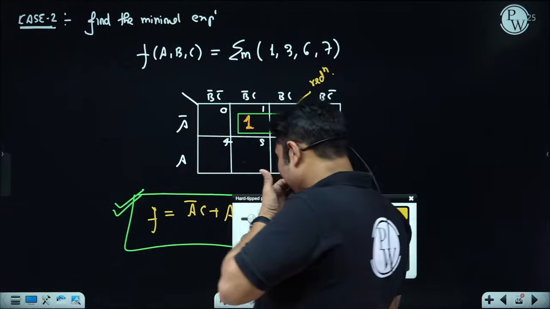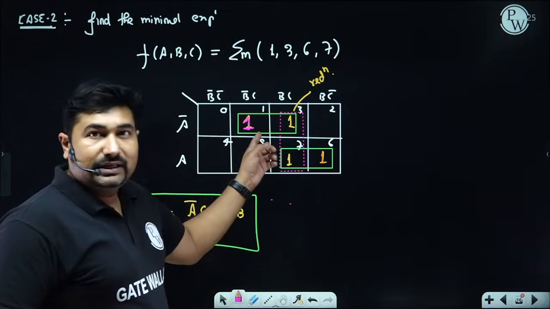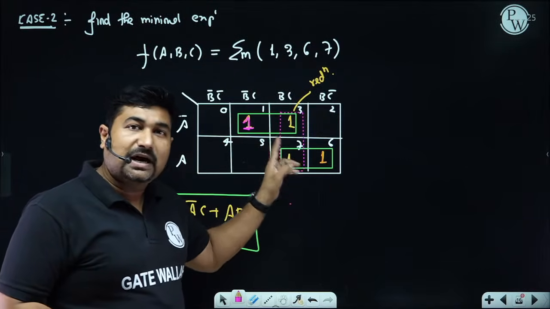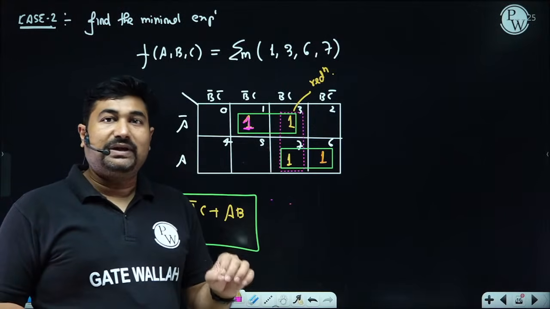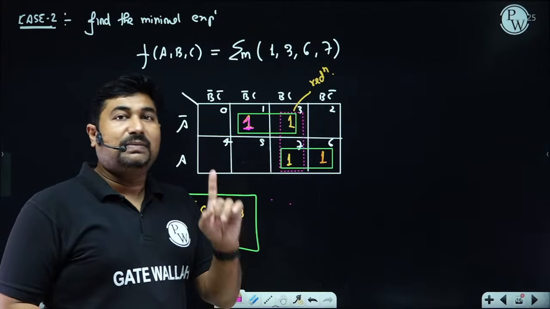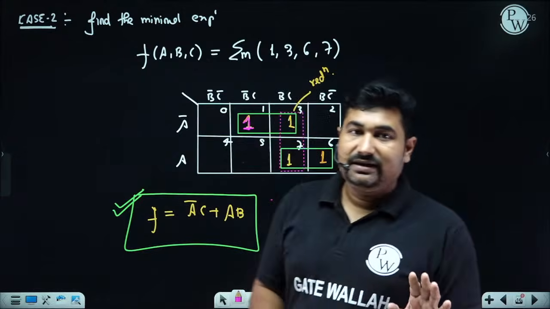Suppose if we have this one, then this one is only part of this prime implicant. It is not part of any other prime implicant. So an essential prime implicant contains at least one min term which is not part of any other prime implicant. Is it okay? Great.